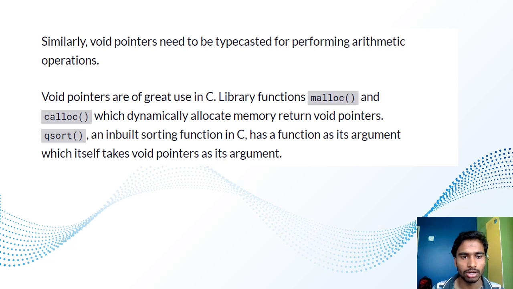Void pointers are of great use in C. Library functions malloc and calloc, which dynamically allocate memory, return void pointers. qsort, an inbuilt sorting function in C, has a function as its argument which itself takes void pointers as its arguments.